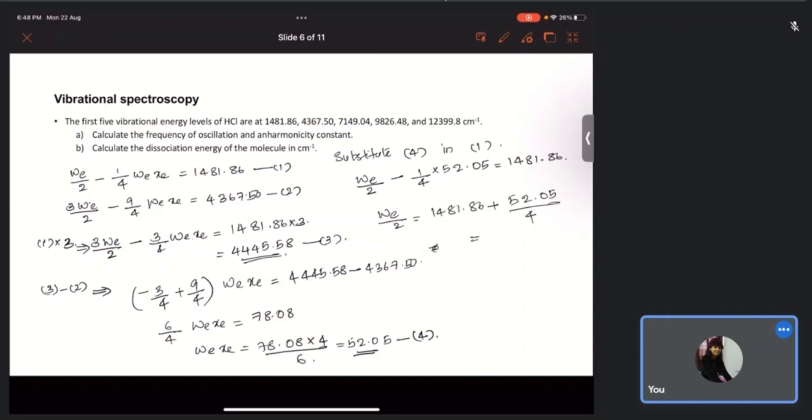So this is equal to 1494.87. So omega E by 2 is 1494.87, and into 2, because this 2 in the denominator, when it goes to the other side, it will become multiplied by 2. So this one multiplied by 2 is 2989.74. So the omega E is going to be 2989.74.